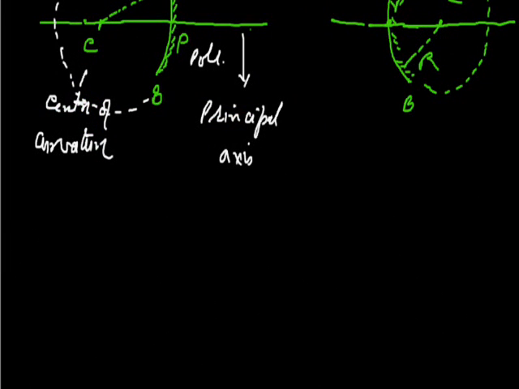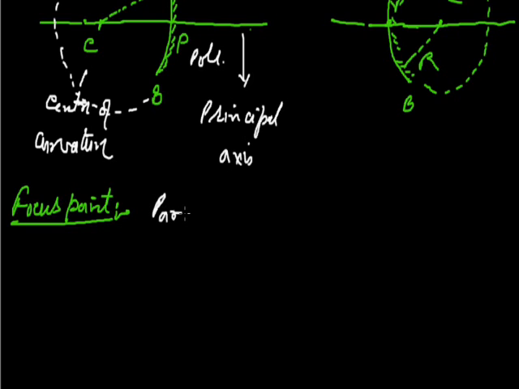Now the focus point. Rays parallel to principal axis, after reflection they will meet at a point on the principal axis or appear to diverge from a point on the principal axis. This point is known as focus point.